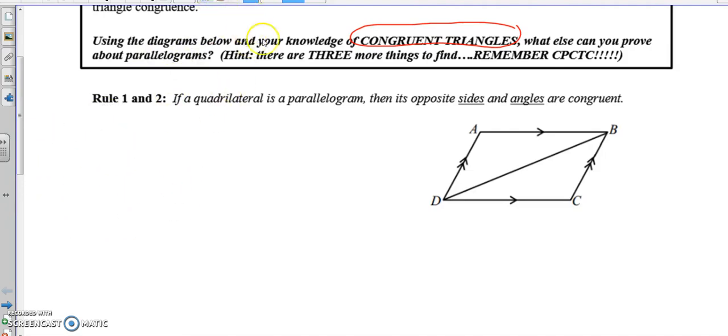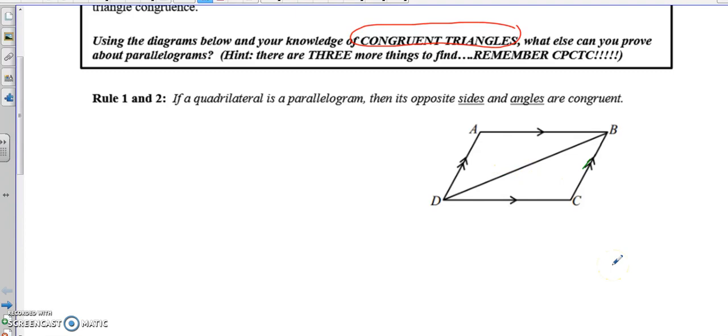So when I look at this parallelogram, a really common diagram you're going to see this year, you can see ABCD is a parallelogram, and it has our parallel sides drawn in. And you're going to see very, very commonly a parallelogram with this diagonal drawn down the middle of it, and it turns it into two triangles.